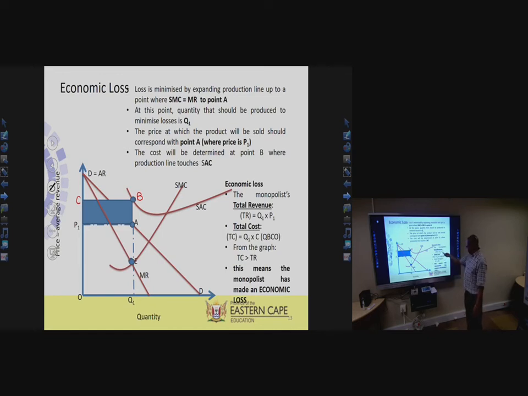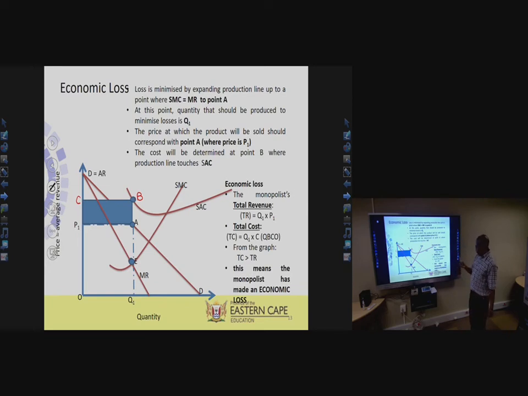And therefore the blue portion, that is P1, A, B, and C, that rectangle basically represents your cost. The cost will be determined at point B where the production line touches AC. I've just explained that. And therefore your economic loss can be calculated as we have done previously.